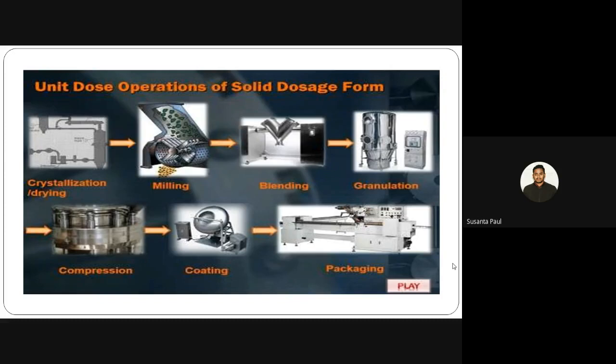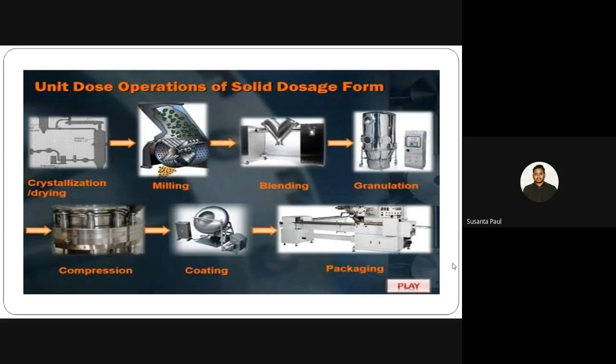So definitely we will need a binding agent or adhesive agent so that we can bind the powder particles, that means the active pharmaceutical ingredient and the other excipients or additives, like fillers and disintegrating agent.